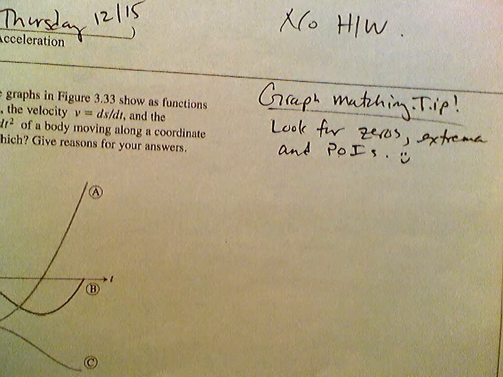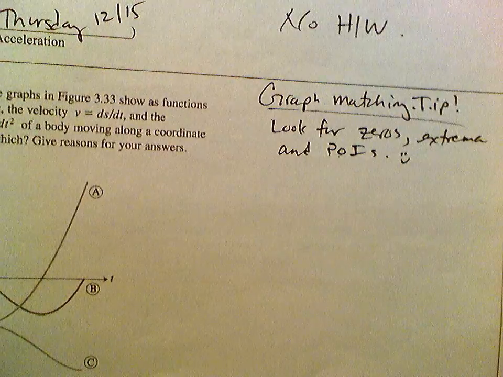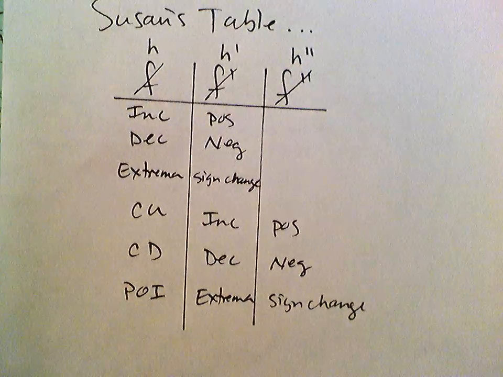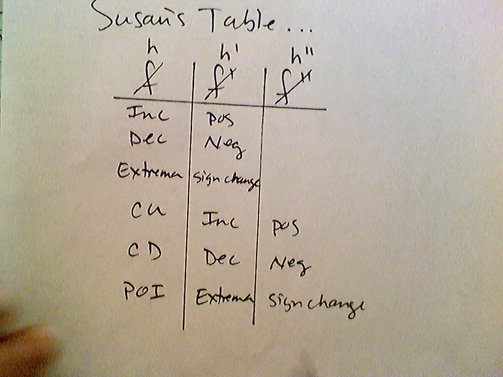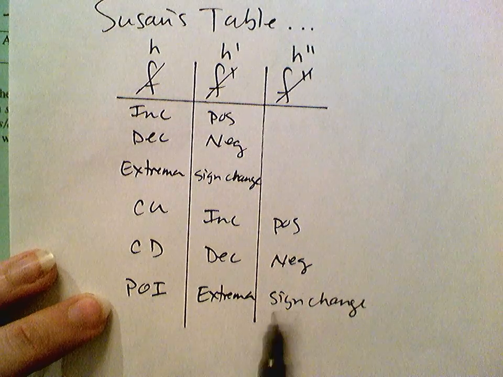Because just with this information here in our table, you could see that a sign change would occur at a 0.